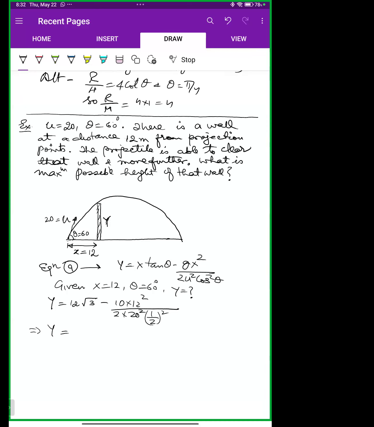Sir, is the answer 13.6 meters? Let me see. Then why is theta x square my 10 to 12 square?